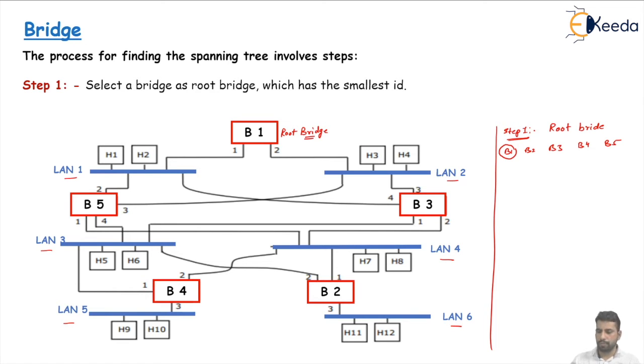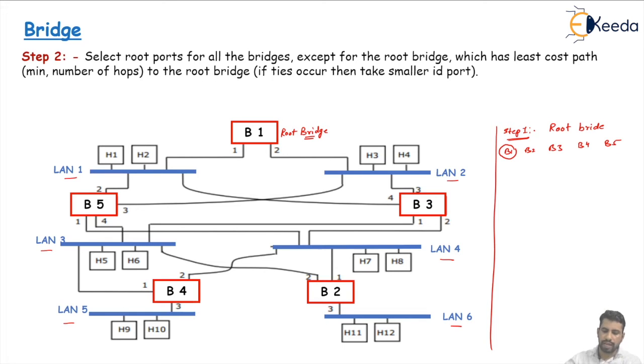Now the second step says to select a root port for all the bridges except the root bridge. For all the bridges B2, B3, B4, B5, we will select the root port which has the least cost path. Least cost path means the minimum number of hops, or minimum number of links, from that bridge to the root bridge.